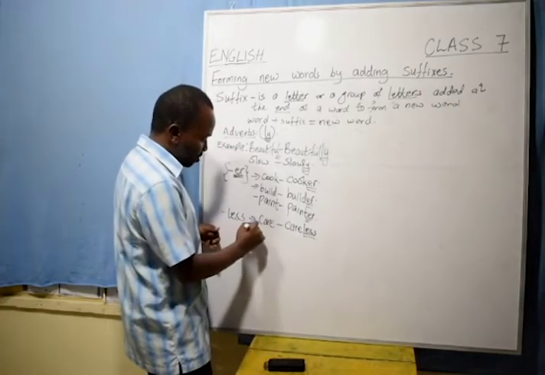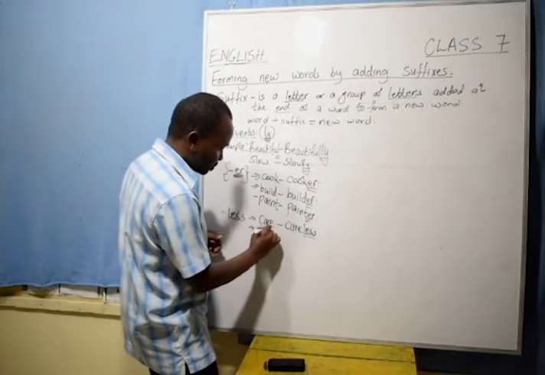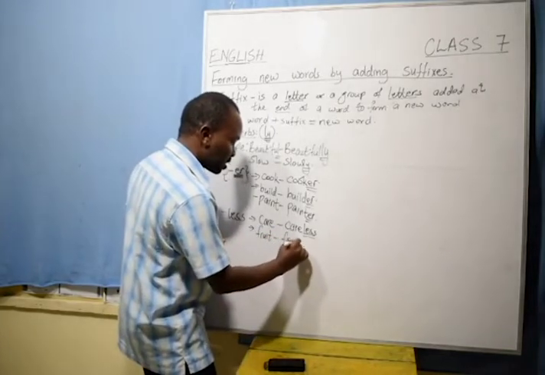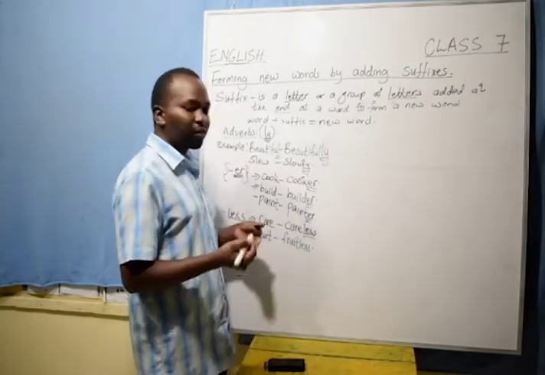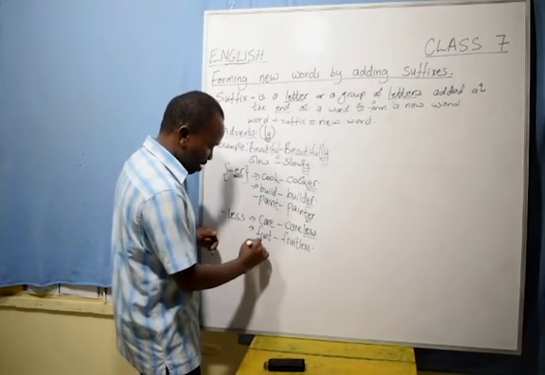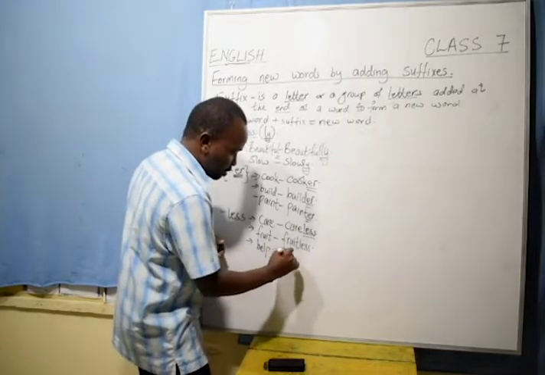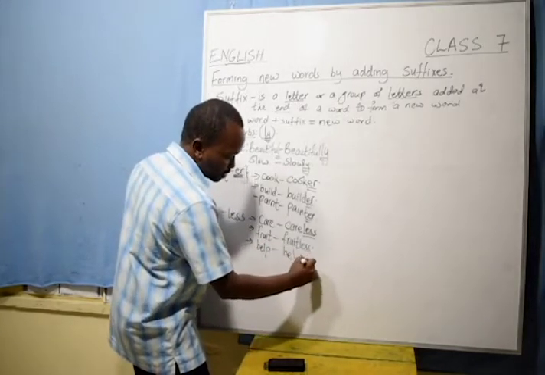We can have also another word, fruit. We have fruitless. Now less means without. Fruitless: a tree without fruits. You can have the word help. A new word that we form using the suffix less is the word helpless.